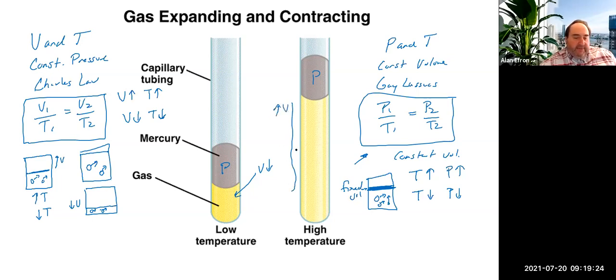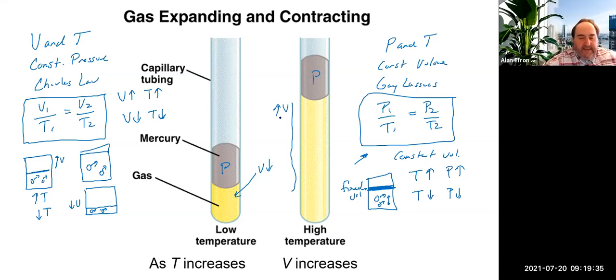Those are basically two gas laws that are similar in that sense, but a little bit different because one is dealing with the volume shifting to maintain the pressure. In the case of Guy-Lussac's on the right, because there is constant volume, there is no shifting of the volume. So when the temperature goes up, there's no place for those gas molecules to go, and pressure basically increases as well.